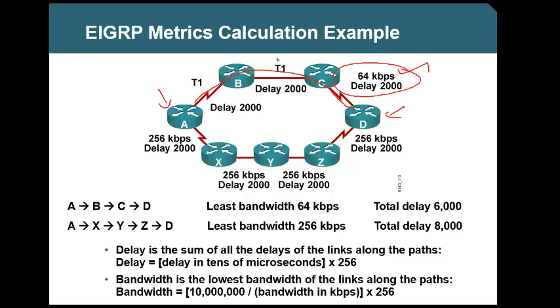T1 means 1500, means 1.5 mega. So the slowest link bandwidth is the bandwidth via ABCD, plus sum of delay, meaning you need to add 2000, this 2000, this 2000.